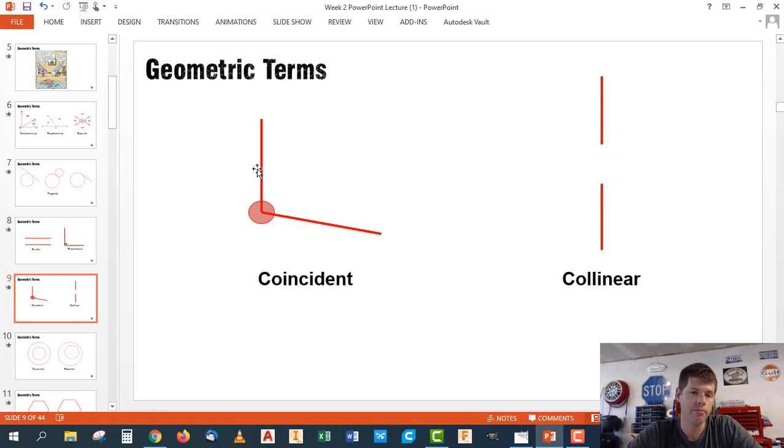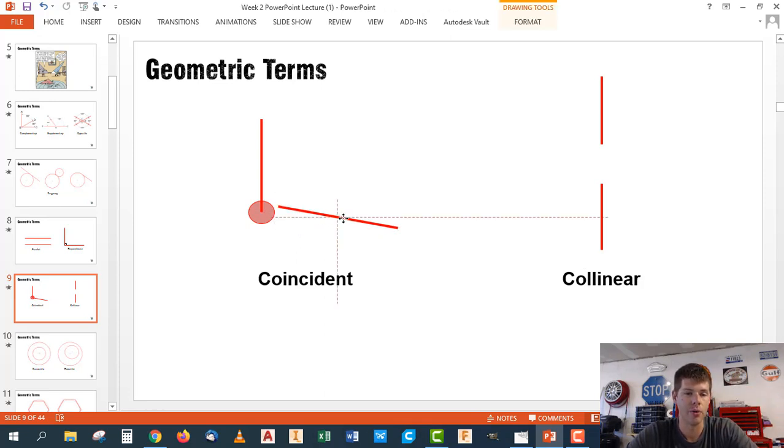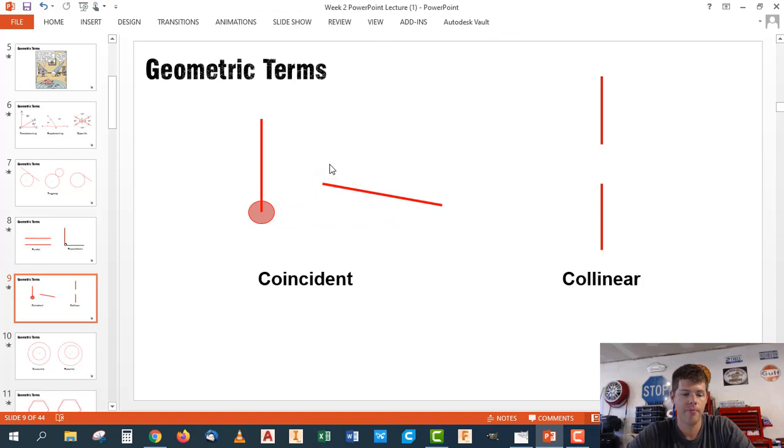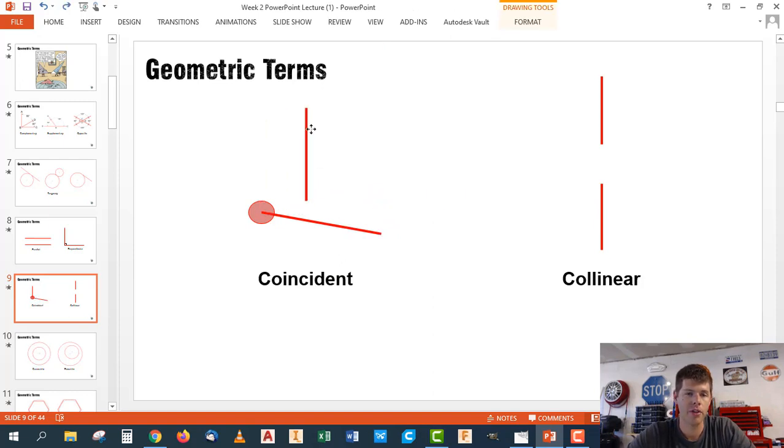Now, the other similar version of that is something called coincident. Coincident really talks about endpoints or center points. So in this particular example, we have two lines that are coincident with each other. I have this line, and we're talking about the endpoint on it right here. That is coincident with this line and the endpoint on it.